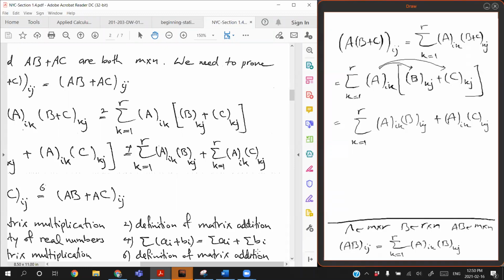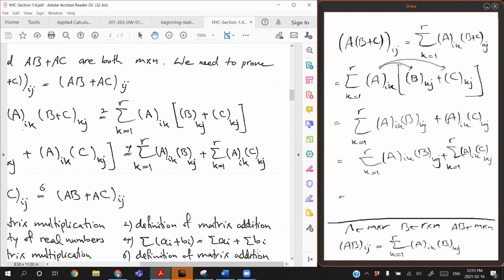So that means I can distribute this sigma. I can write that as sigma k from 1 to r of a_ik b_kj plus sigma k from 1 to r of a_ik c_kj.